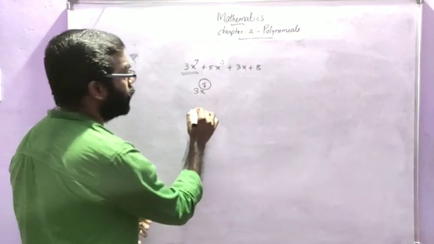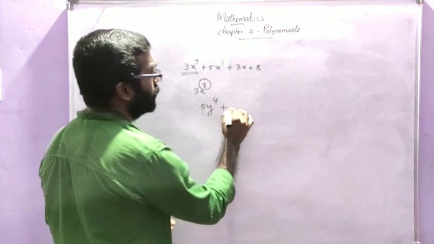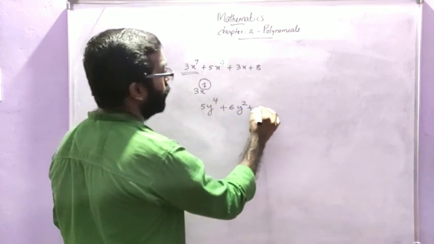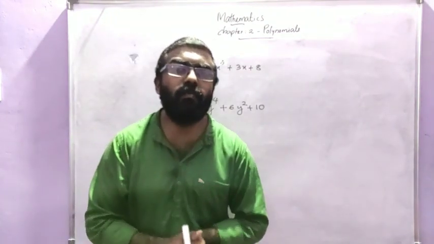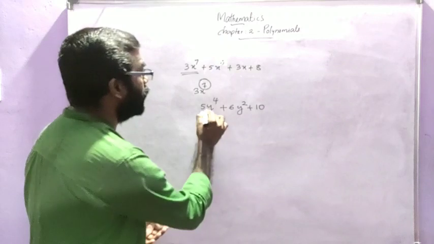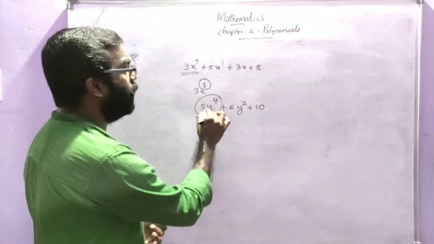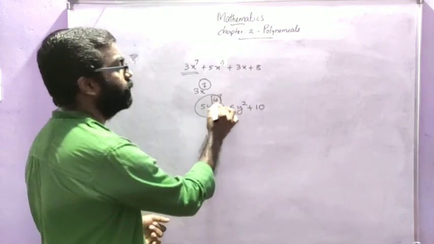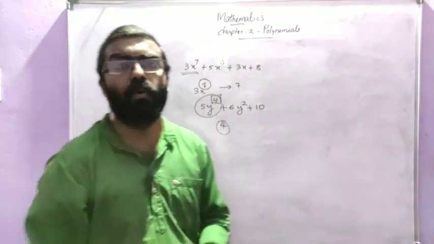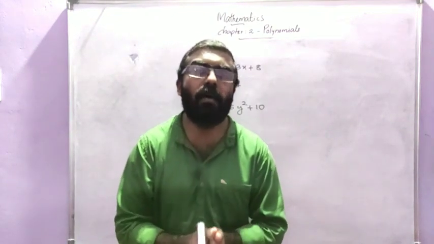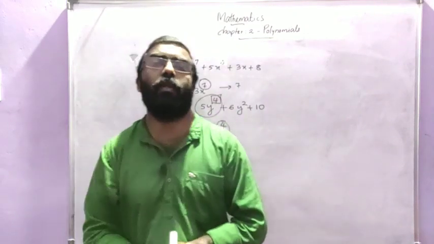Similarly, in the polynomial 5y raised to 4 plus 6y square plus 10, what is the term with the highest power of y? It is nothing but 5y raised to 4, and the exponent of this term will be 4.